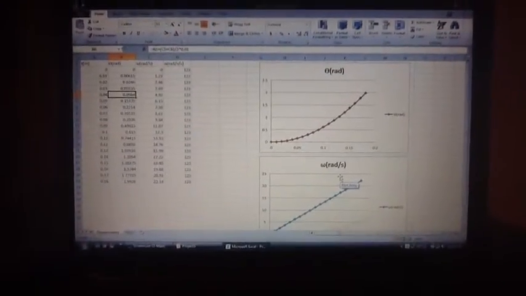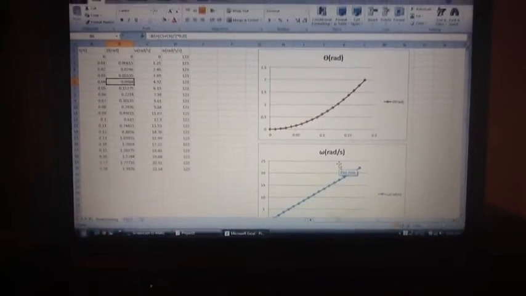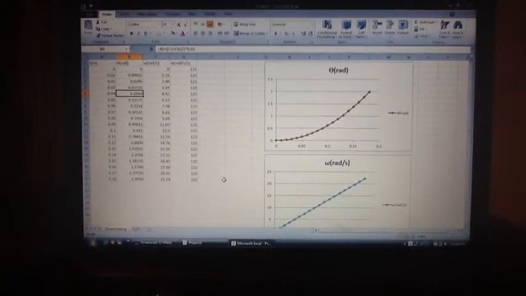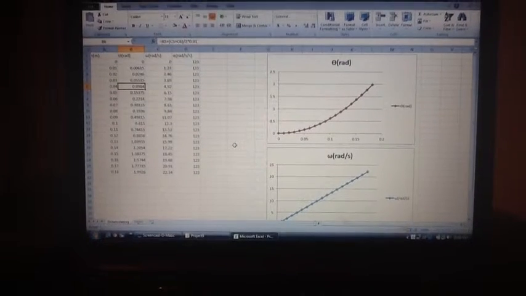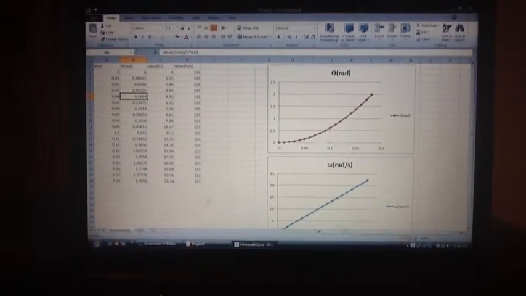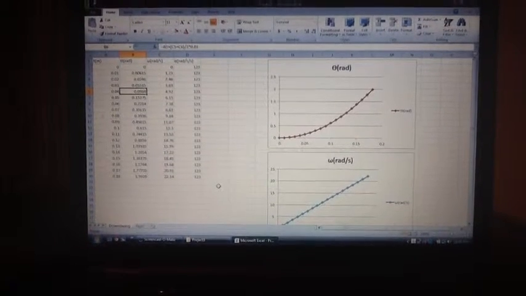And so one of the highlights of the semester that I want to bring up by showing you this is that I found it very useful to really understand how to use Excel like a professional to do calculations and apply it to real-world physics, and hopefully I'll be able to do this in other classes and other courses in the future that will just make me a better scientist in general.